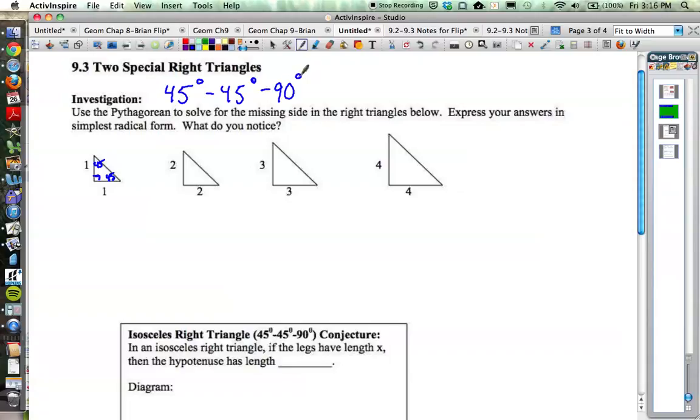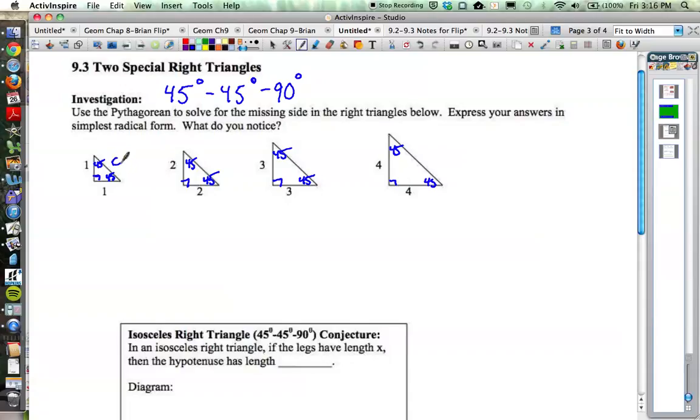All isosceles right triangles will have those degree measures. So in all these we've got 45, 45, and 90. Okay, so now that we have established what we're looking at here, let's take a look at the pattern.